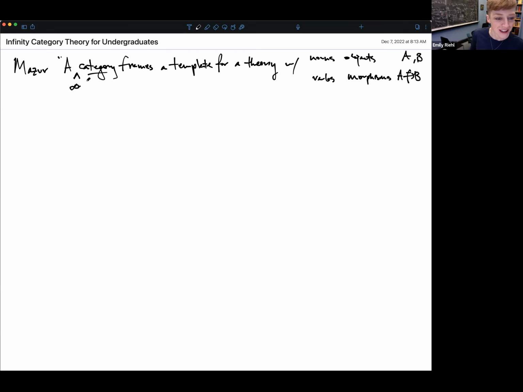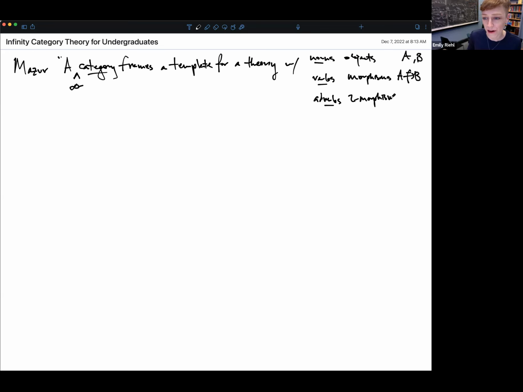So now I should apologize to Barry Mazur by extending his analogy beyond all possible reason. But an infinity category, you might say, frames a template for a mathematical theory with nouns and verbs, and now adverbs, which are often thought about as two-dimensional morphisms.